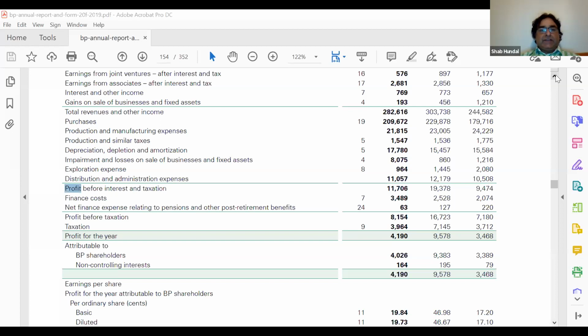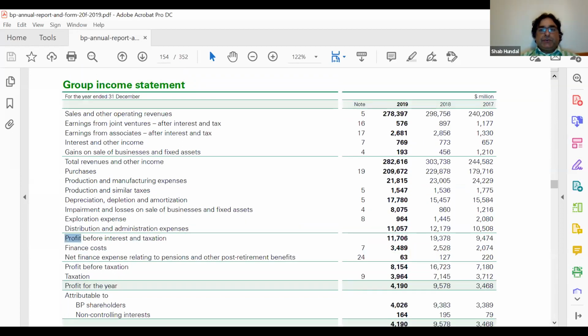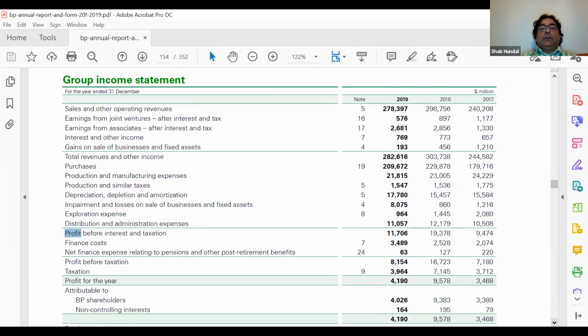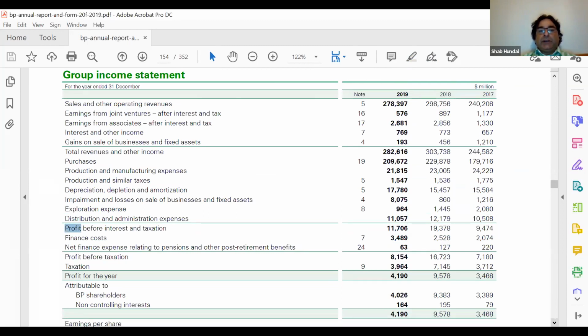Very quickly, I repeat what I just said. I take you to the income statement of BP. As you can see, I told you that the numerator is operating profit, and operating profit comes from the income statement. I use the phrase income statement here, but operating profit may not be written as such.